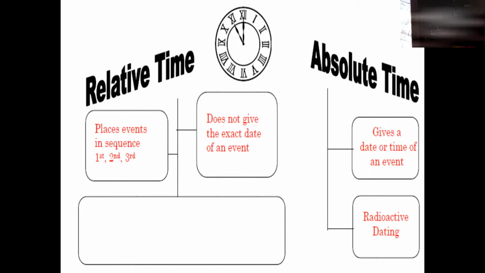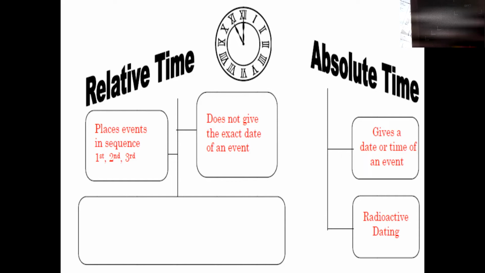Now, I see I already pushed this button. I didn't mean to, but whatever. To date really old things, like to figure out how old they are, we're going to use this thing called radioactive dating. Some of you, like dinosaur buffs, might have heard of carbon dating. Anybody? Okay, a few of you have heard of this.